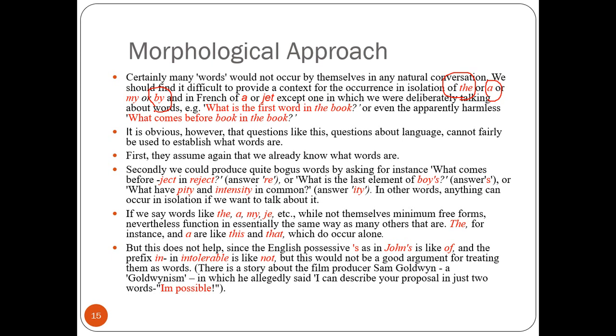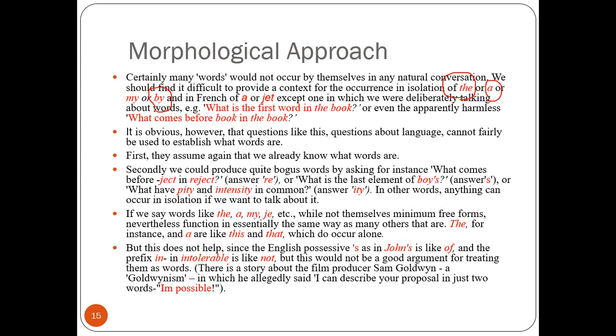So that's another way to ask what the first word in the phrase is, let's say the book or the child or the table. But in natural conversation it does not occur like this. Or you may even ask what comes before "book" in the phrase "the book."